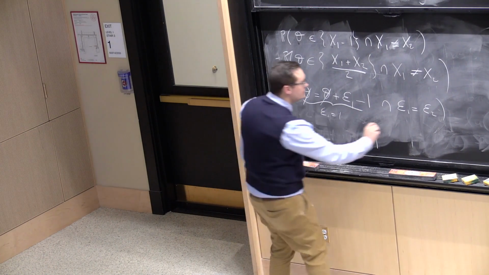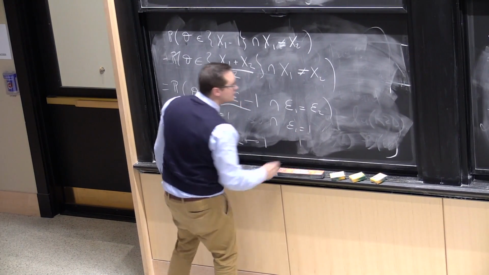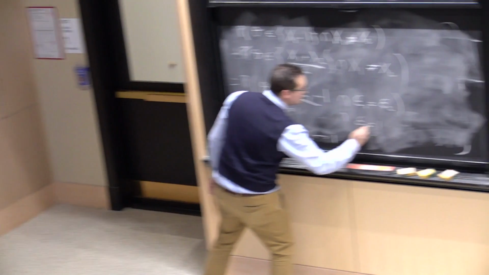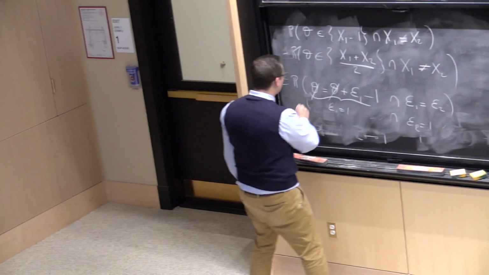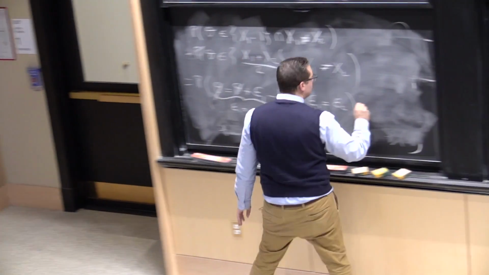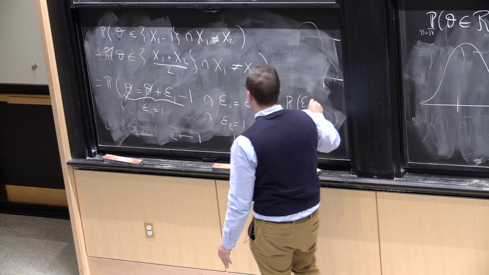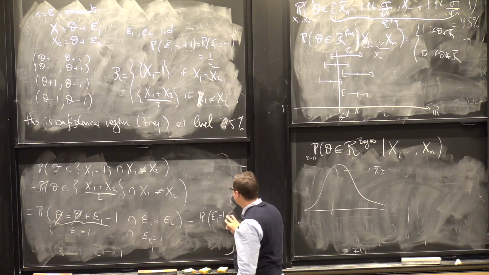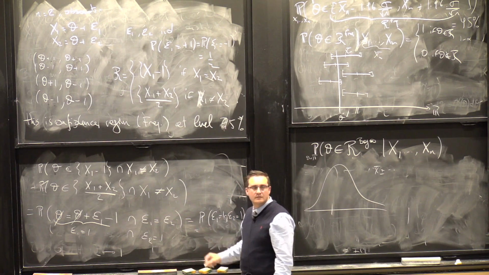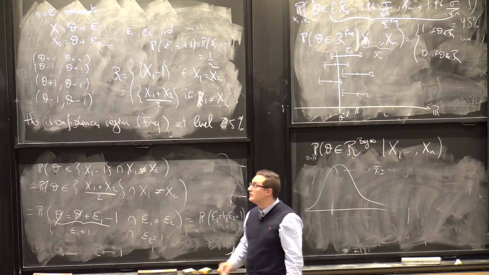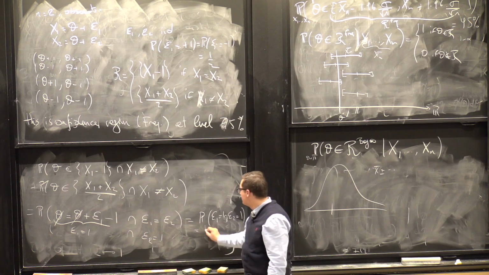So when I intersect with this guy, it's actually the same thing as epsilon 2 is equal to 1 as well. So this first thing is actually equal to the probability that epsilon 1 is equal to 1 and epsilon 2 is equal to 1, which is equal to what? Yeah, 1/4.